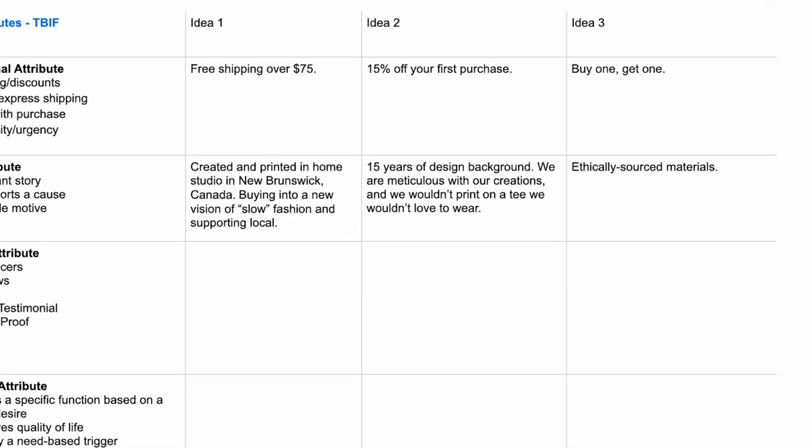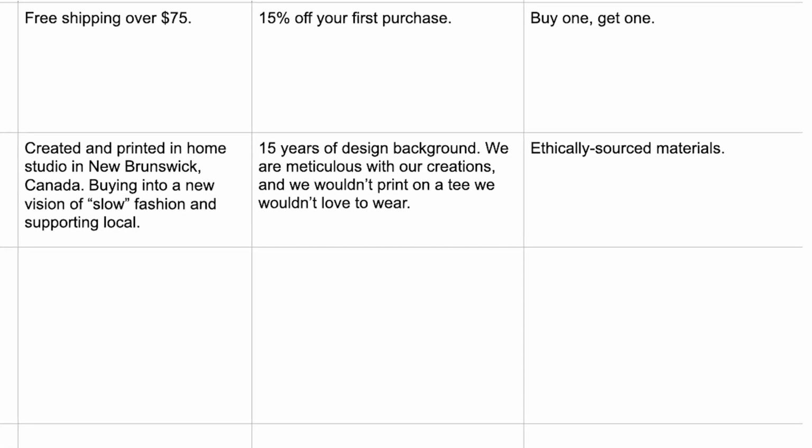For their brand attribute, this is when we are creating a narrative for the brand and when we want the customers that we attract to align with the values and the mission and the story. So the 3 that we came up with for Black Hair: these t-shirts are created and printed in our home studio in New Brunswick, Canada, and our company's buying into a new vision of slow fashion and supporting local. Right?